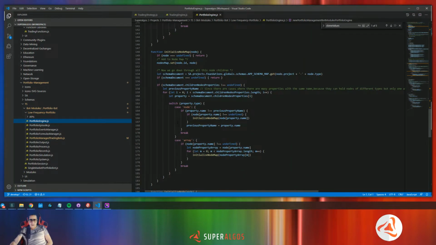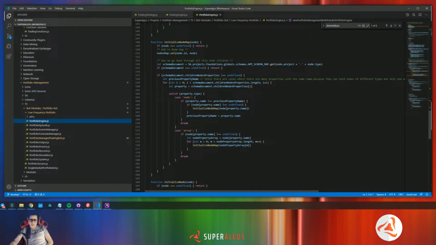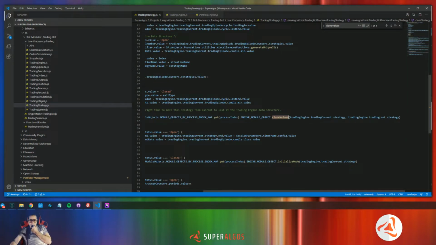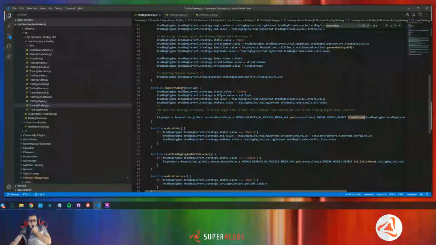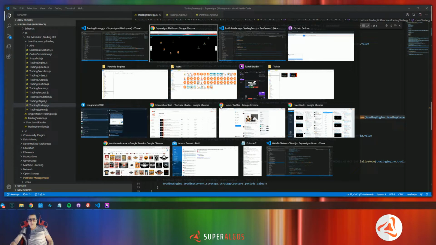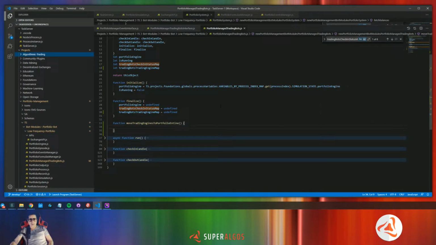So it is one line of code, to be honest, not that difficult. This is how we did it before.